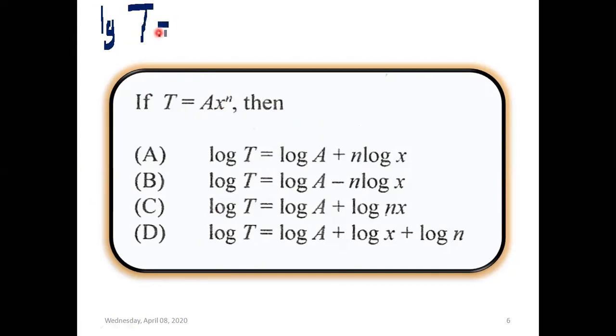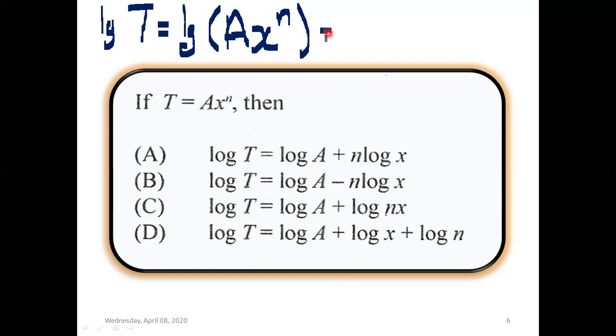So log t is equal to log a x to the n power. I don't know if you guys remember, we have some laws in log. Now ax to the n power would be a product. And when you have a product, we add them, not true? Remember that law?